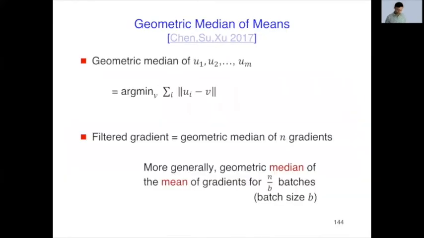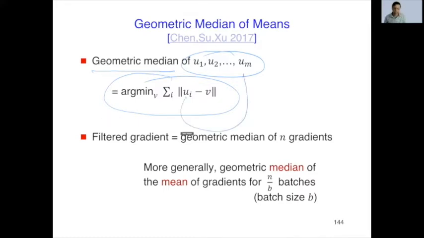Here is one more filter that uses the geometric gradient median. So suppose that the server has a set of vectors. There are m vectors here. And if you have m vectors, the geometric median is defined like this, where ui here is from this set.